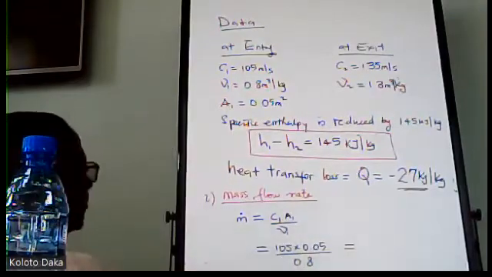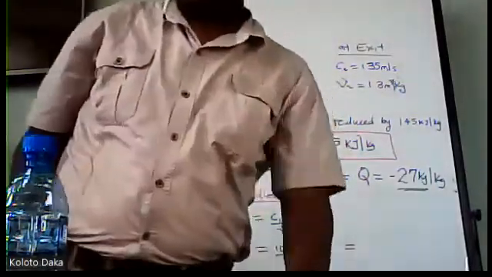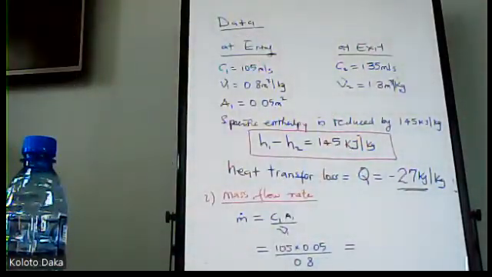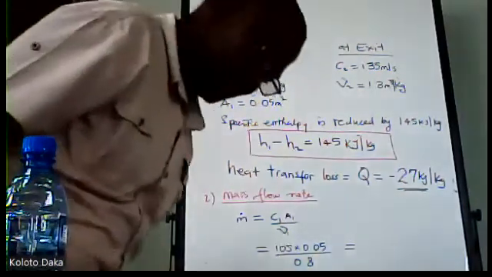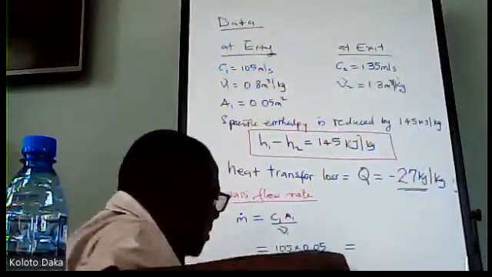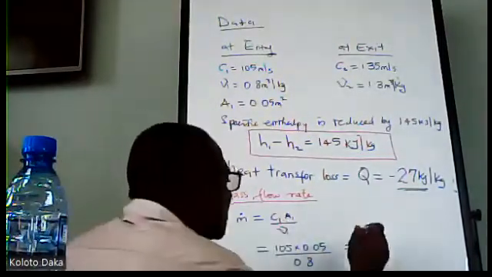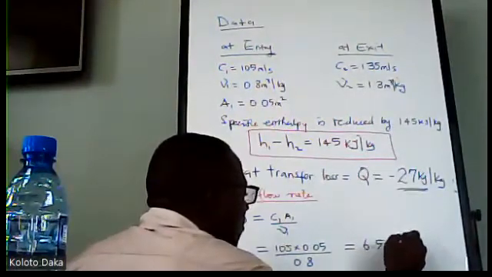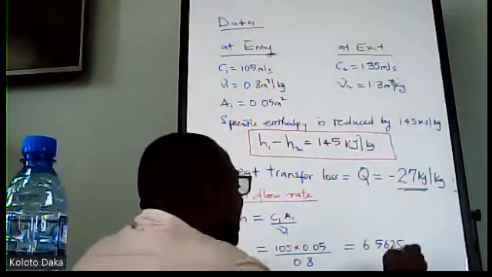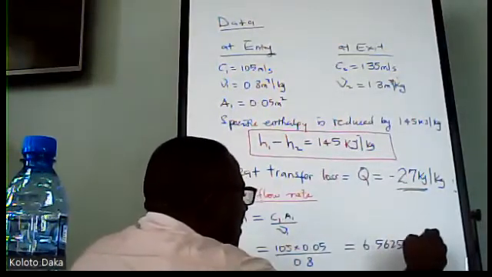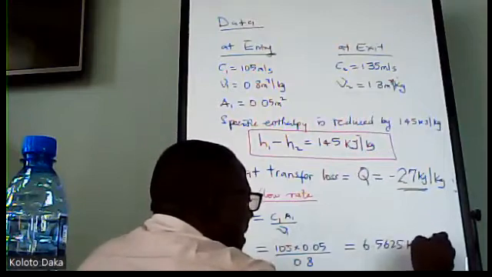That is 105 times 0.05 over 0.8, which gives 6.5625. What are the units? Mass flow rate is kilograms per second.